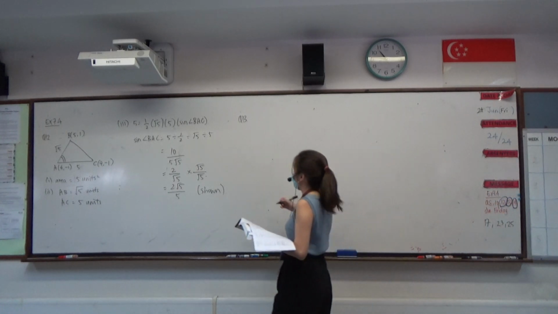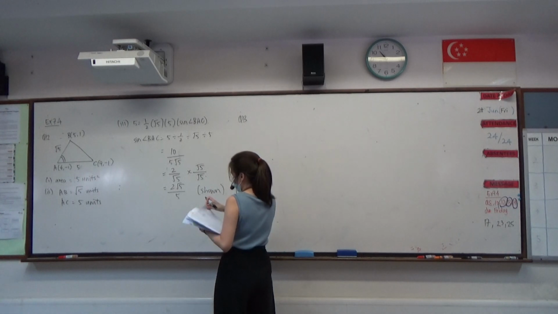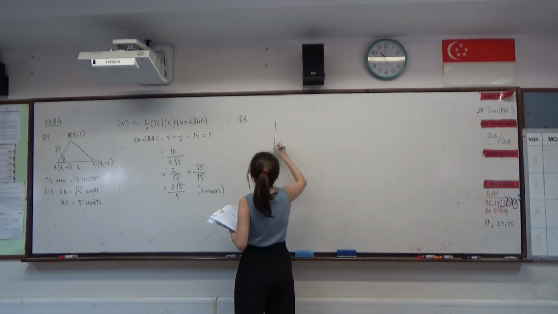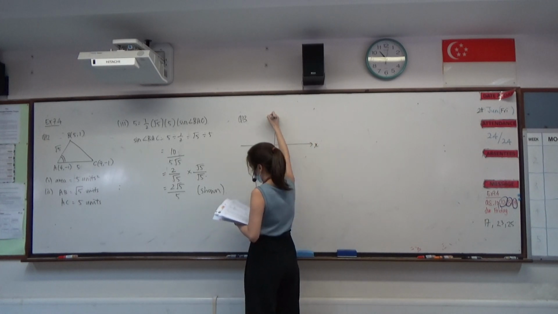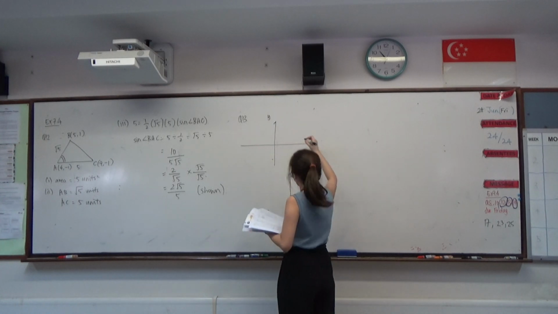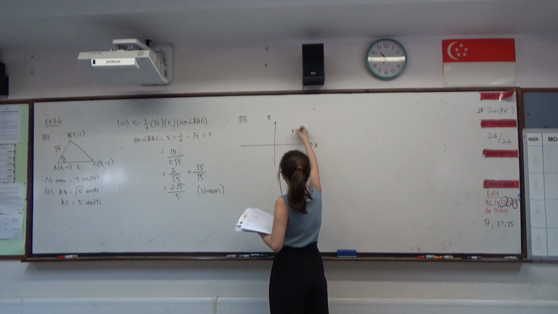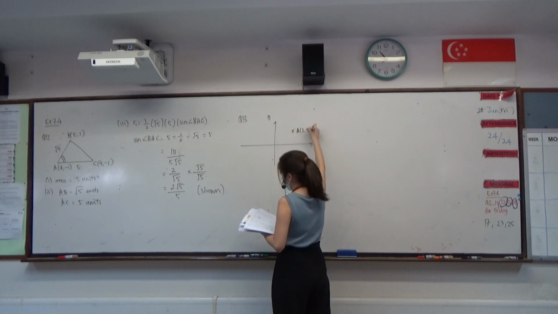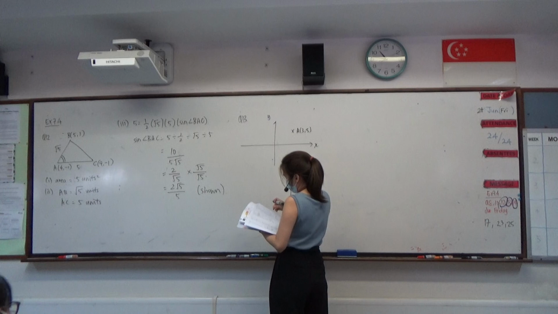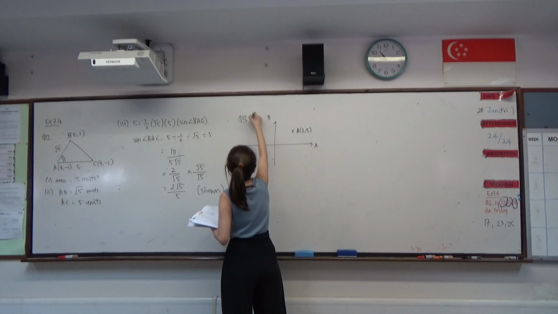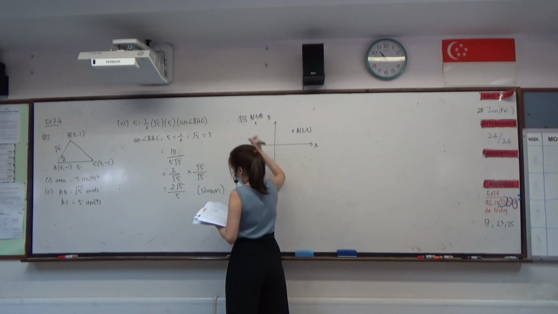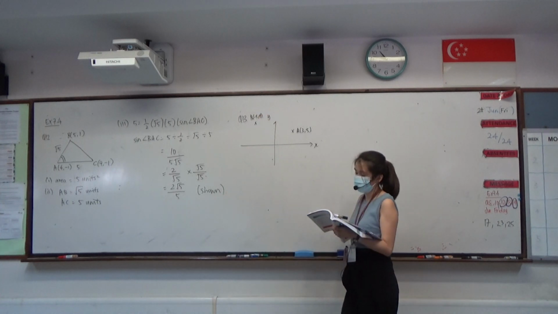So we map out these points on the axis itself. So we have A (3, 5), and then B is (-5, 9), and for C, we know that it is (k, k plus 2).